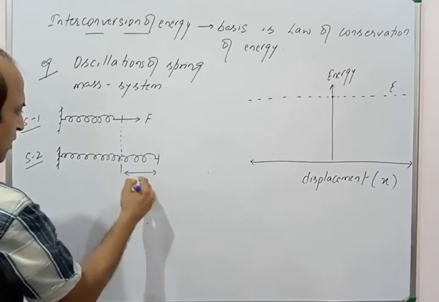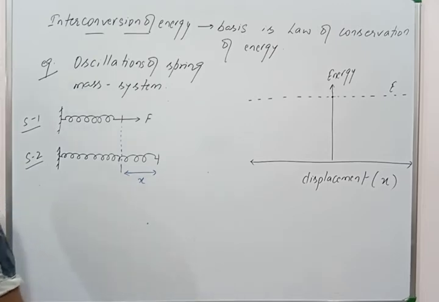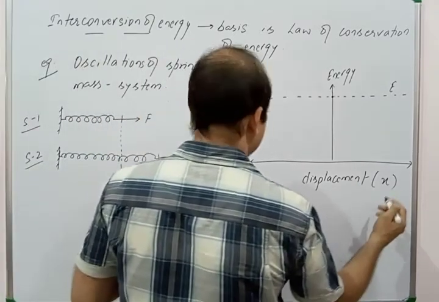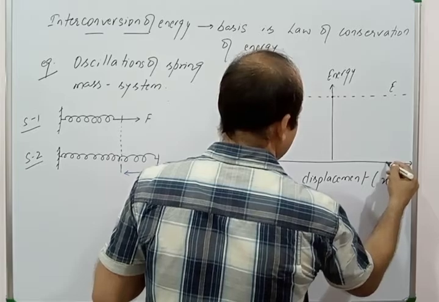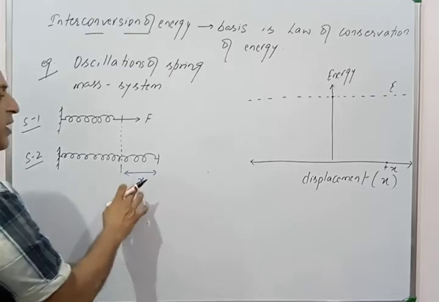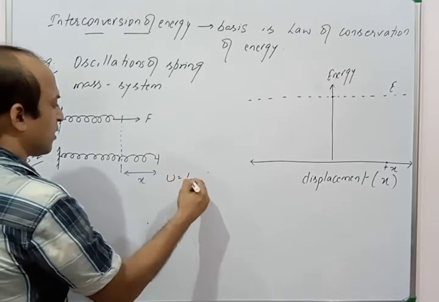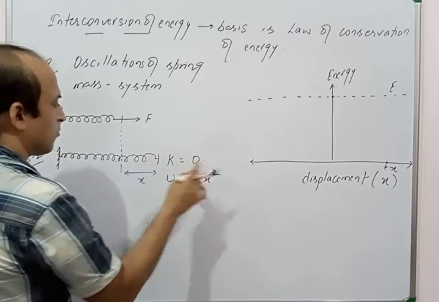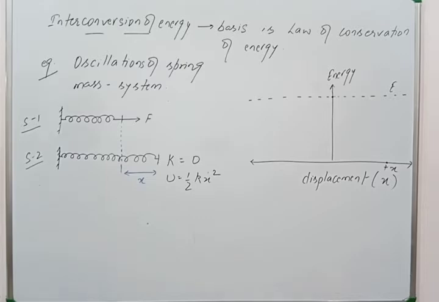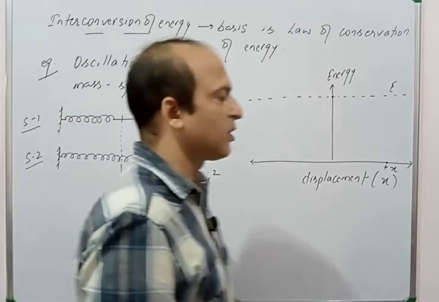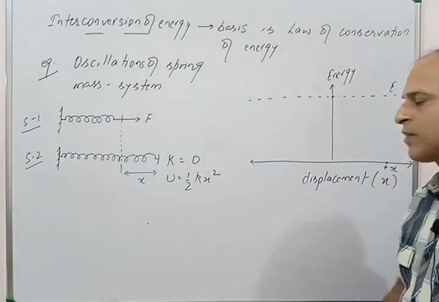Let the elongation be X. In this state, when the spring has been elongated by amount X, say this is the extreme position, and since it is on the right side, this is plus X on the displacement axis. Corresponding to plus X, the potential energy at this point will be half kx square, while the kinetic energy is going to be 0, because we have stretched the spring and the spring is at rest now. So kinetic will be 0 and potential will be maximum, that is half kx square.